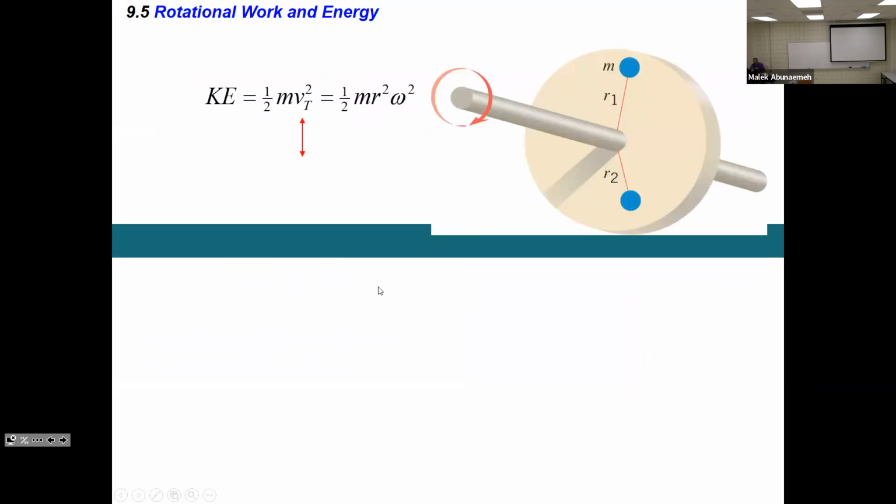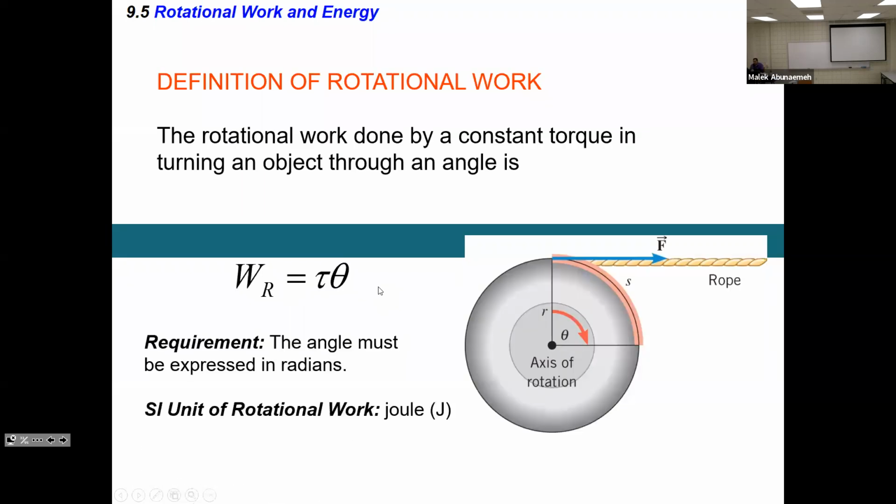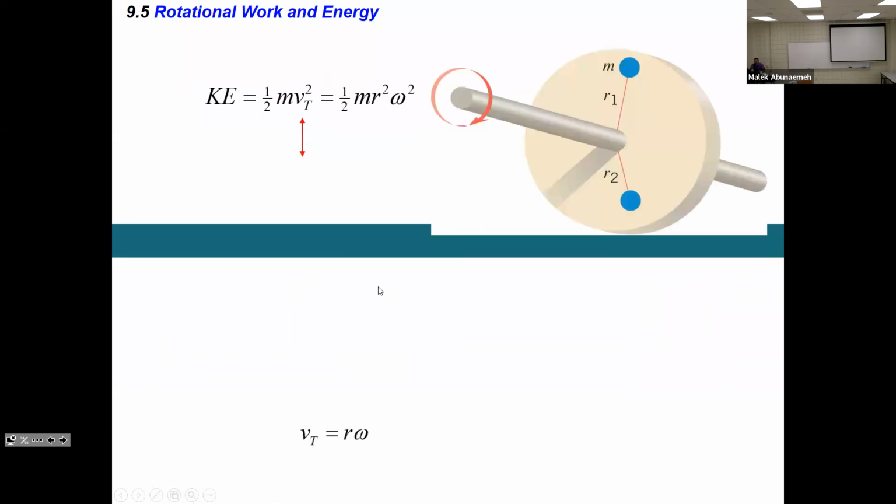Now, again, when you have a rigid body, you have your kinetic energy, which is going to be 1/2 mv squared, which in this case is your tangential velocity squared. So it would be 1/2 m, and we define the tangential velocity as r omega. So it would be 1/2 m r squared omega squared.